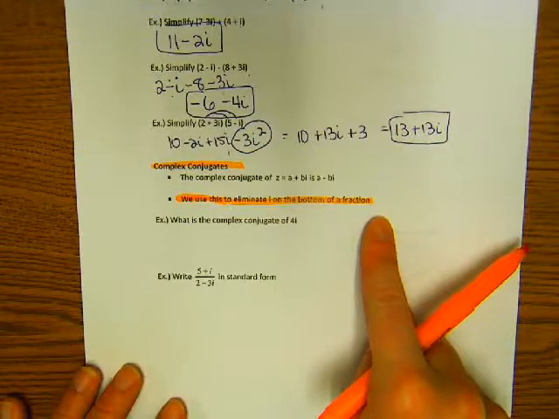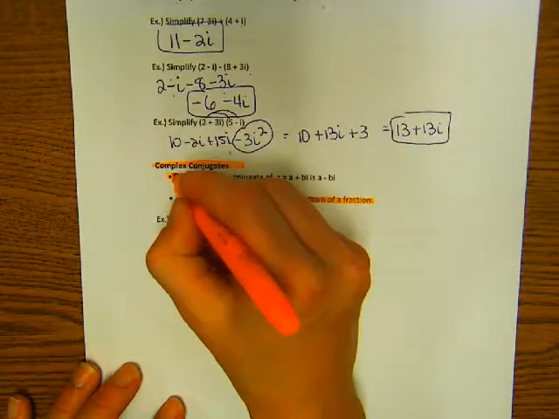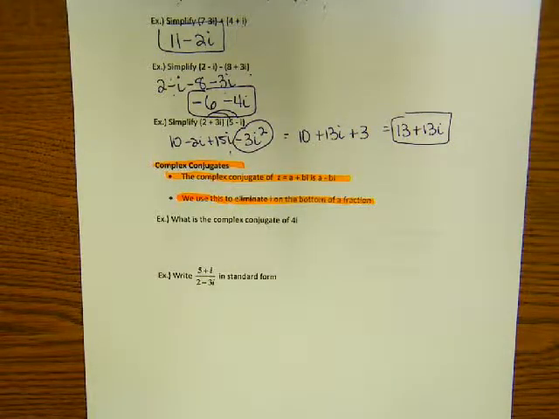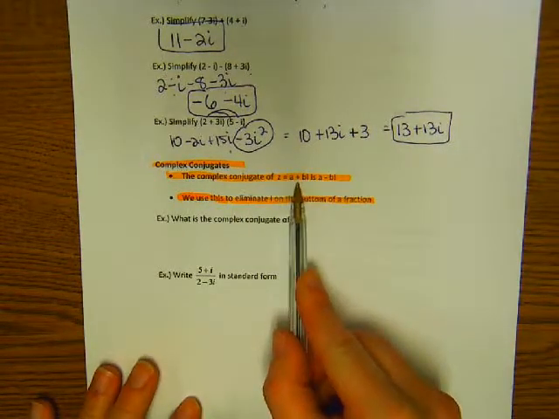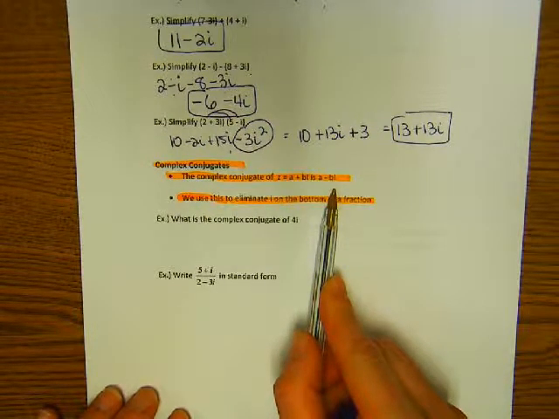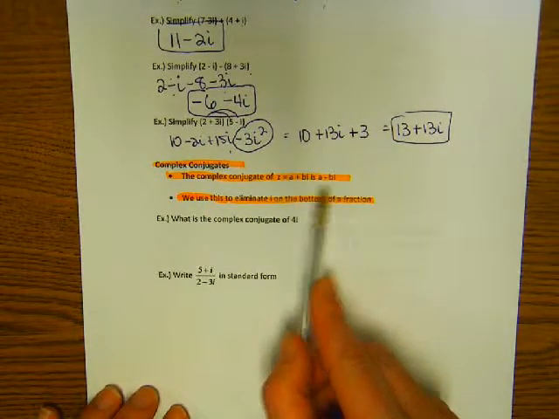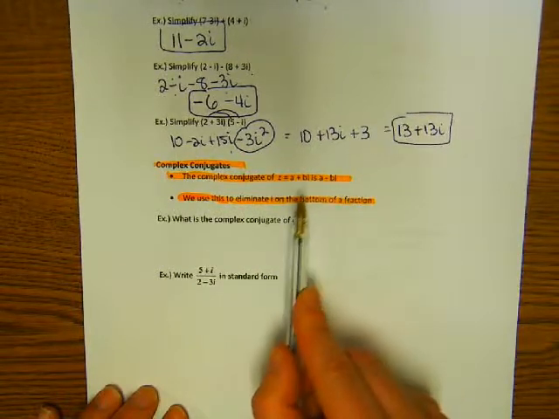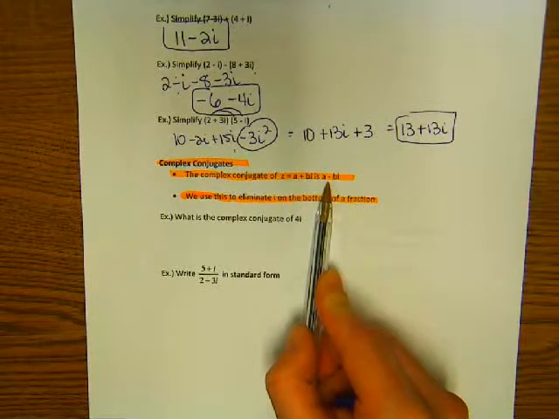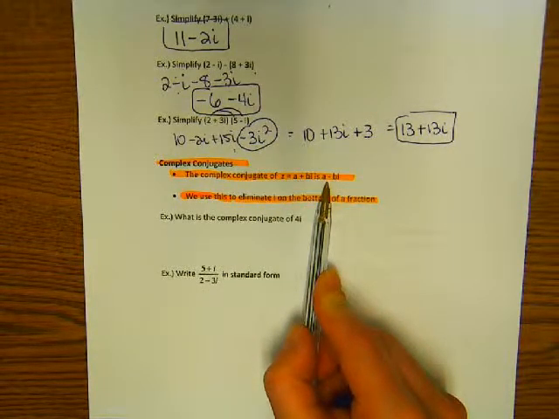The complex conjugate of an imaginary number is just to take its opposite. So the complex conjugate of a plus bi is just a minus bi. So the only thing that changed here was what? This became a negative. What that allows us to do is, when we multiply it out, the i's cancel when we change the sign between the real and imaginary part.